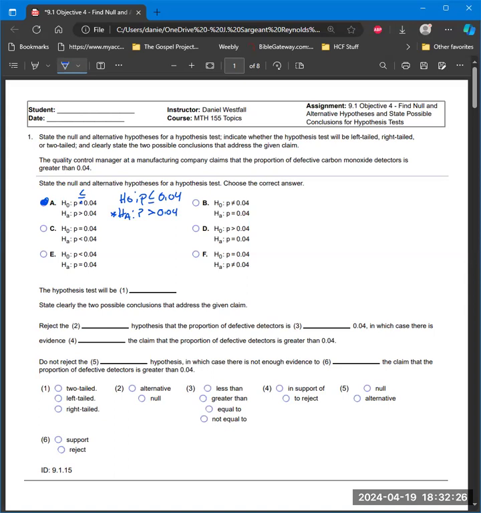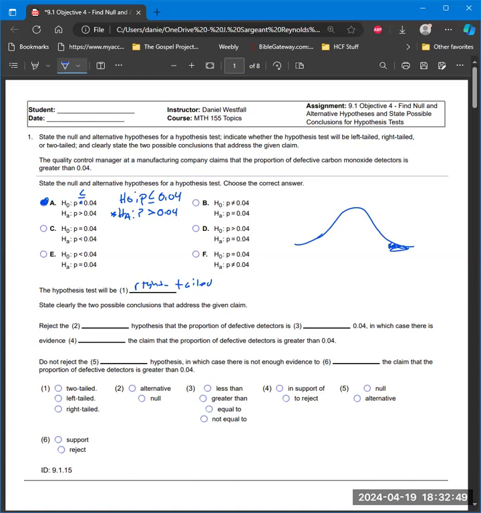So the hypothesis test is going to have a rejection region in the direction of HA. So it's going to be right-tailed, because greater than is over here. So this is where my alpha is going to be.